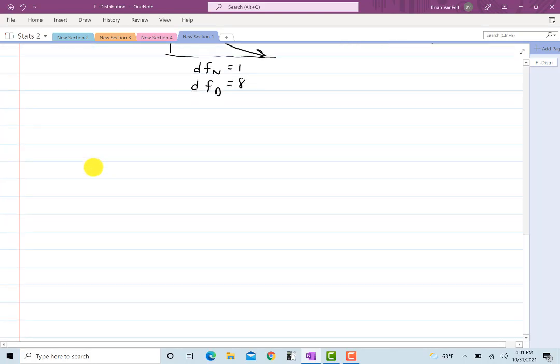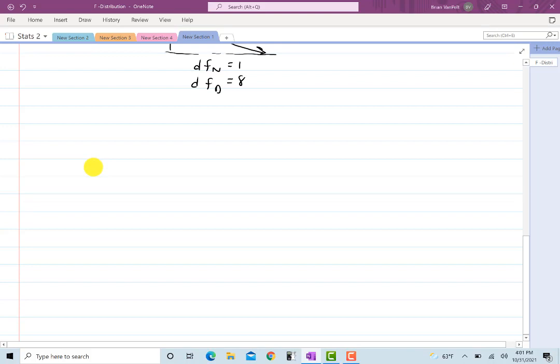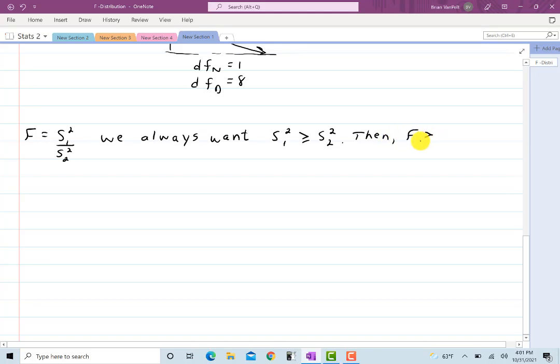Now, one thing to make your life a little bit easier is the following standard that we're going to use throughout. Whenever I write this like so, we always want S1 squared to be greater than or equal to S2 squared. If you always do that, then the value of f is always greater than or equal to 1.